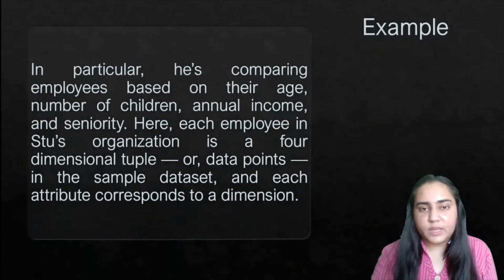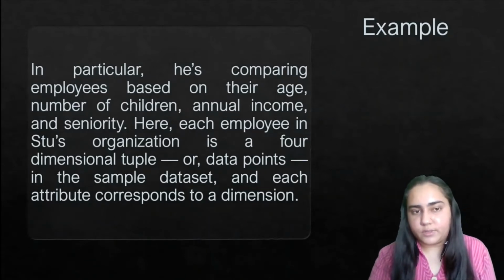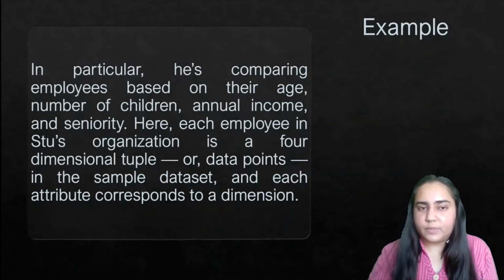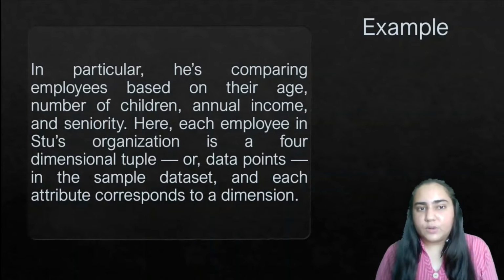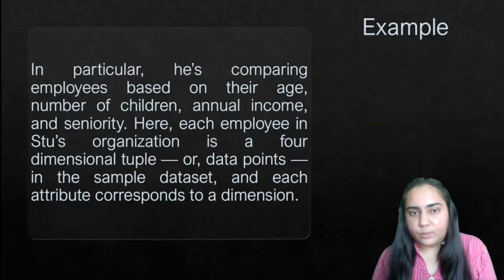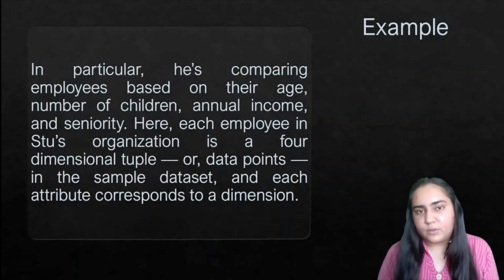In particular, he's comparing employees based on their age, number of children, annual income, and seniority. So consider that all these 4 attributes are quantitative. Age is a number, number of children is a number, annual income would be a number, and seniority would also be a number.